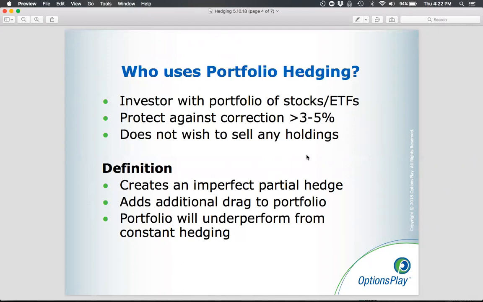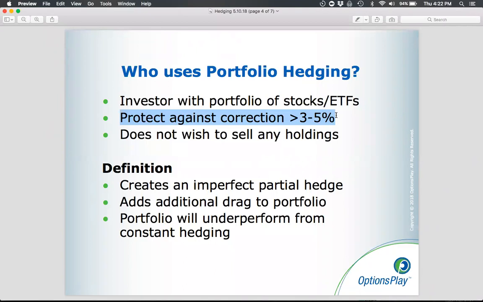You use it to protect against a correction greater than 3 to 5%. And the reason I'm saying that this is only used if you expect a correction greater than 3 to 5% is because most portfolio hedges will cost you anywhere between 1 to 3% of your portfolio value.